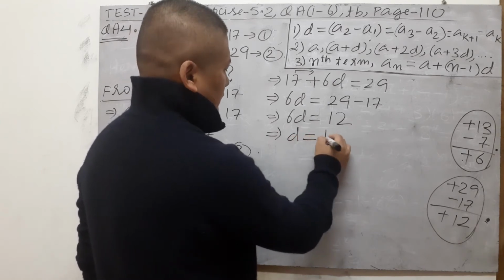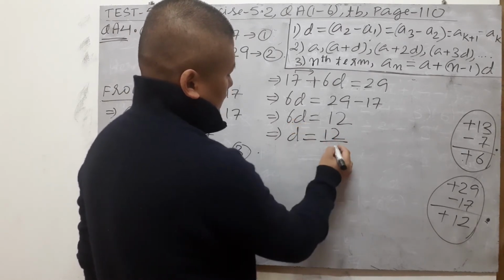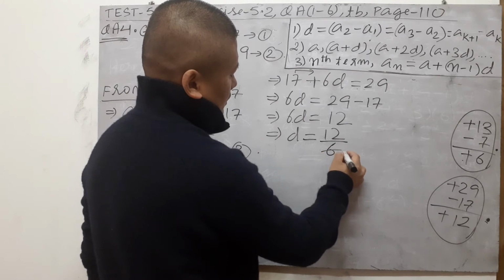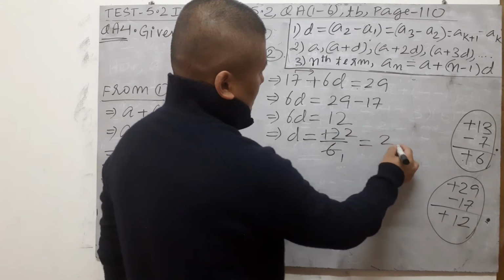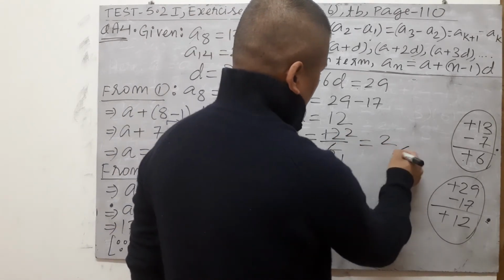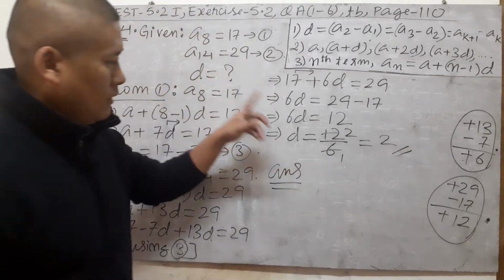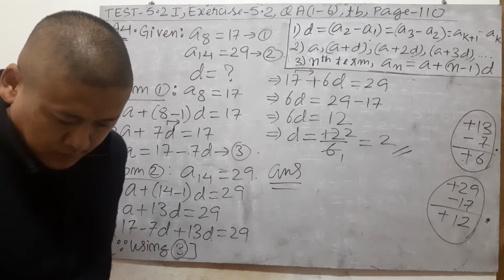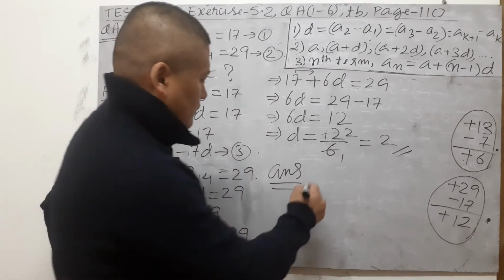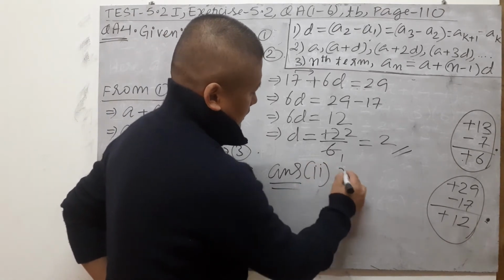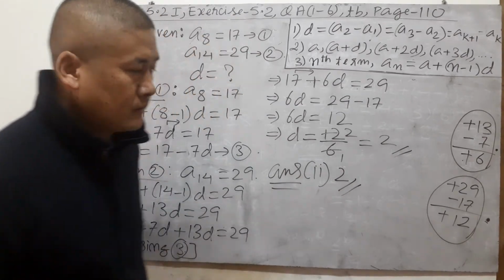So the required d value will be 12 divided by this 6, shifted to right side will come down. 6 1s are 6, 6 2s are 12, so d is 2. So the d value that we require is found out 2, and this matches the answer number 2, the same as what we have got by solving.